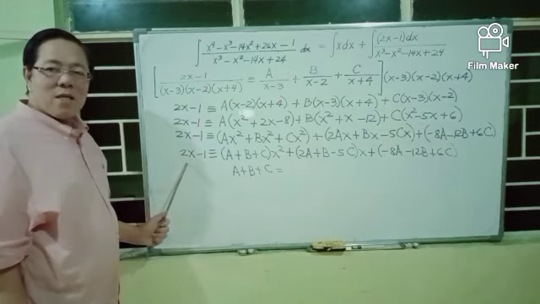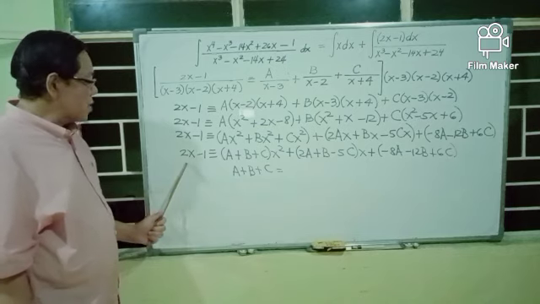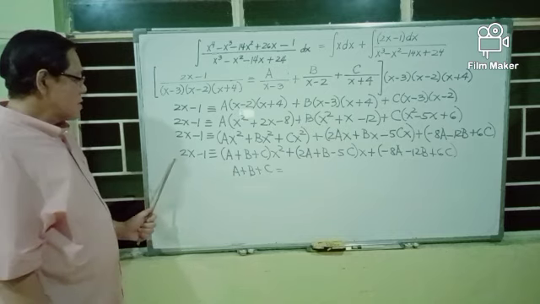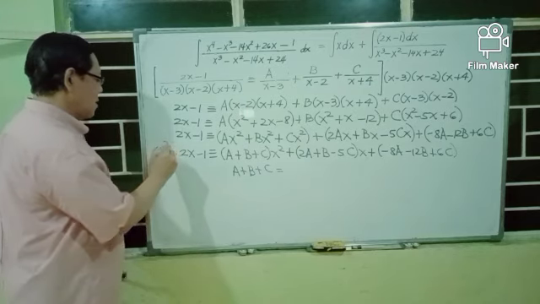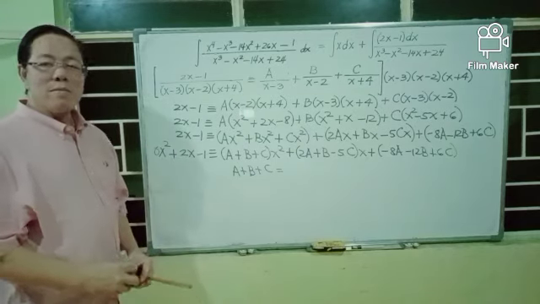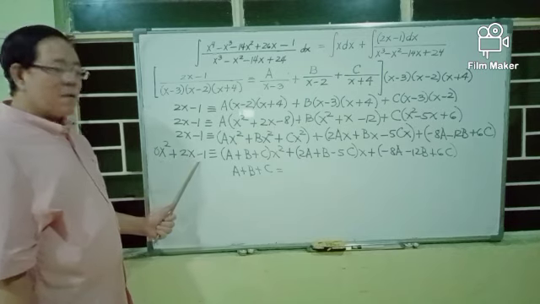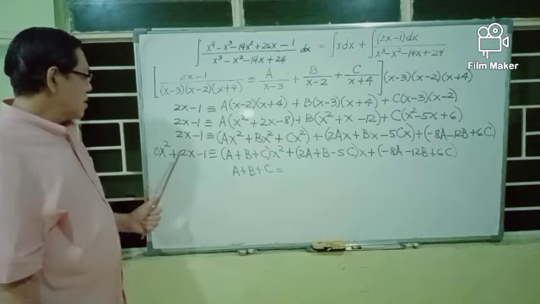But the left hand side has no x squared. But if you add a term to the left hand side with x squared, its coefficient must be 0. You can add 0x squared to the left hand side, and this simplifies to the same expression, 2x minus 1.